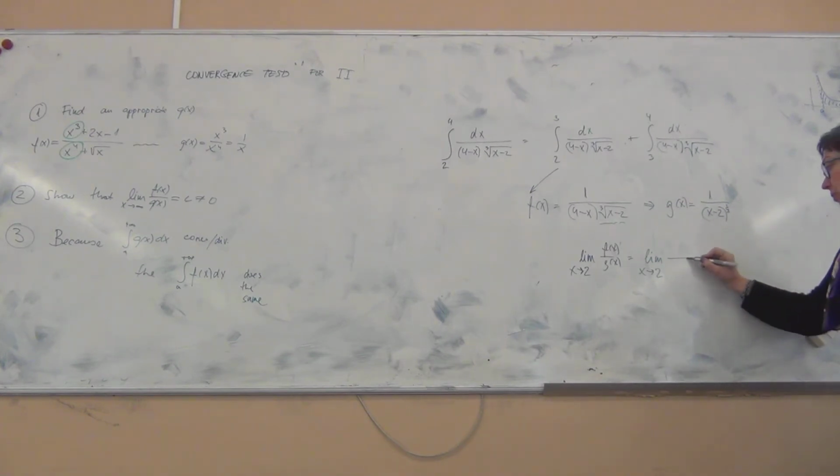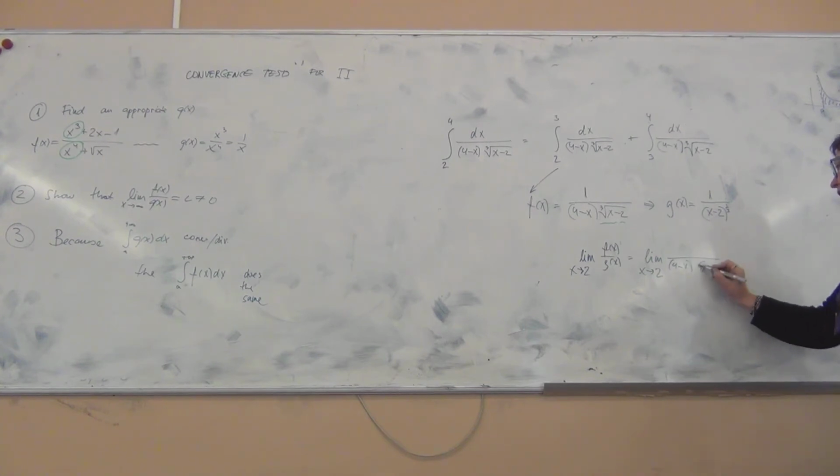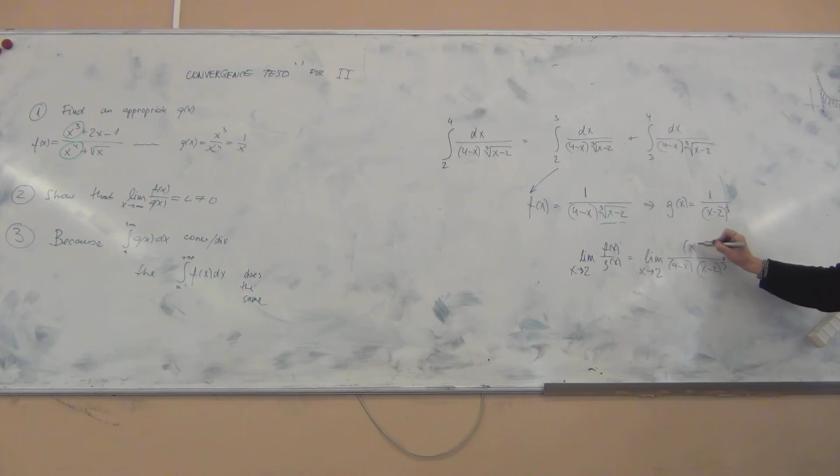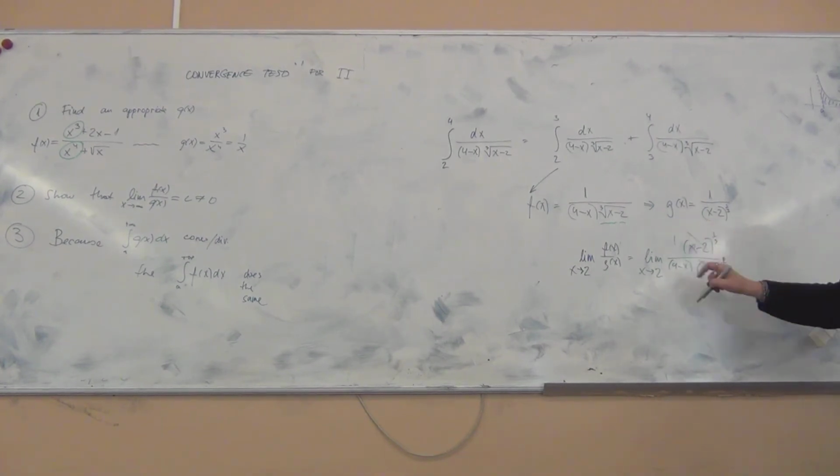Because now I have, obviously, 1 over 4 minus x, x minus 2 to the power 1/3, divided by this, which means x minus 2 to the power 1/3 goes up. These two zeros cancel out. I have 1 over 4 minus x, which is 1 over 2.